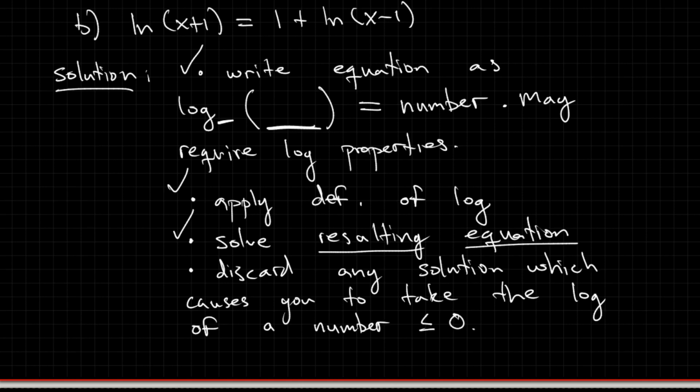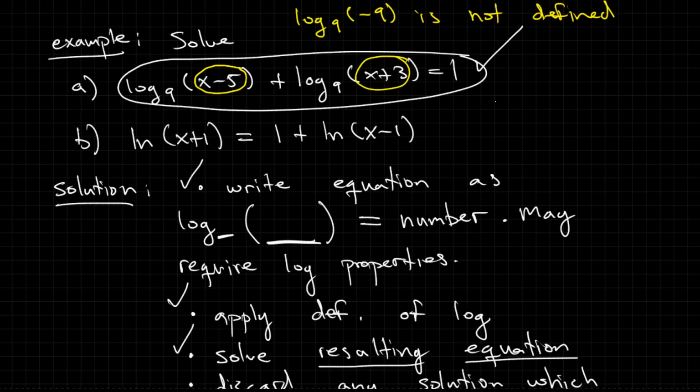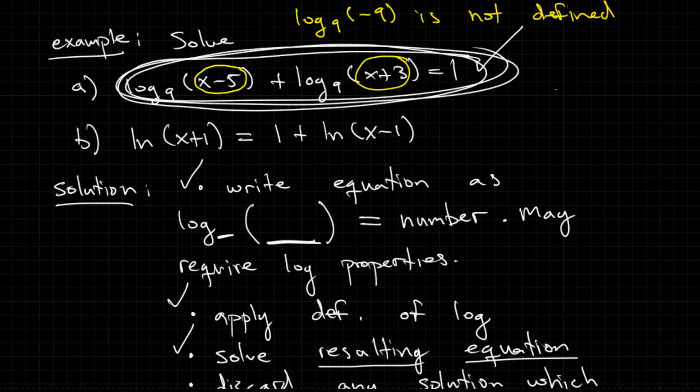So in this case, this -4 solution, I like to think of them as fake solutions, will not count as a solution, since when we put -4 into the original problem statement, we are taking logarithms of numbers that are less than or equal to 0.